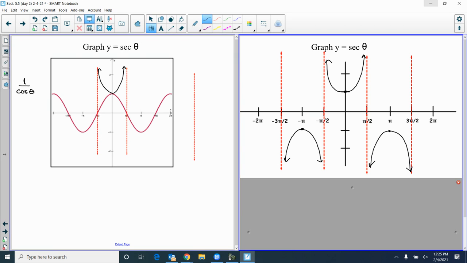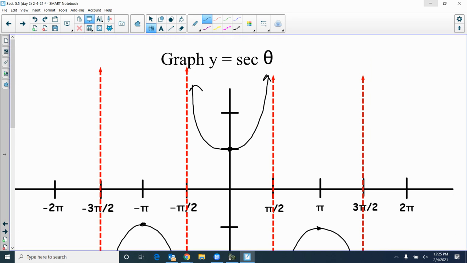Okay, you just got to be careful here on the far ends. You have to go all the way to 2 pi. That is where it hits back at 1. So all the way to the right there, and then it opens up. And the same thing over here, all the way over at negative 2 pi, and then it opens up. So make sure it's all the way over there. You're only going to get that half a branch.